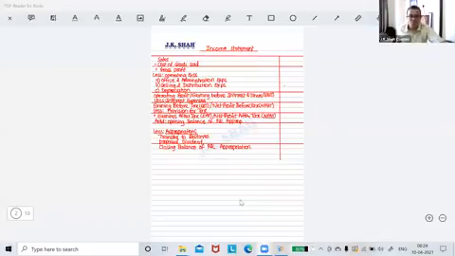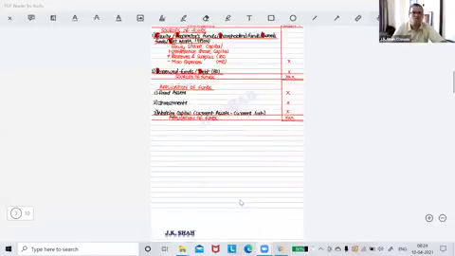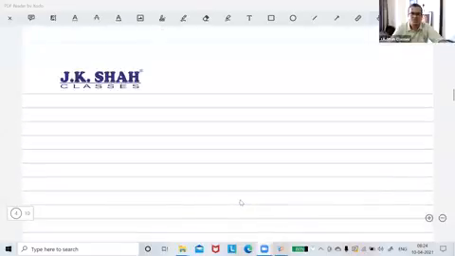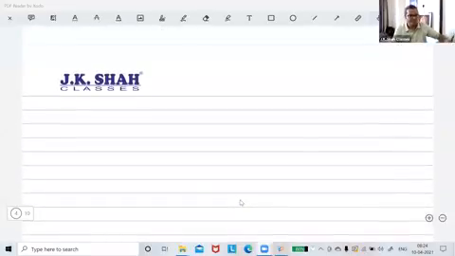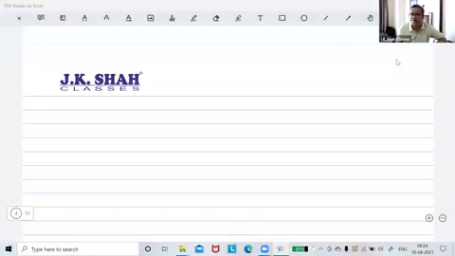Okay. So now that we are set with this, let's start talking about the various ratios. First, we'll pick up a simple group that is known as what? Profit and loss ratios. So what does that mean?